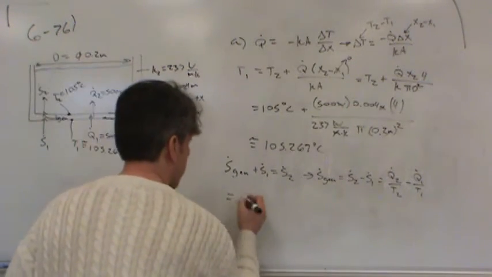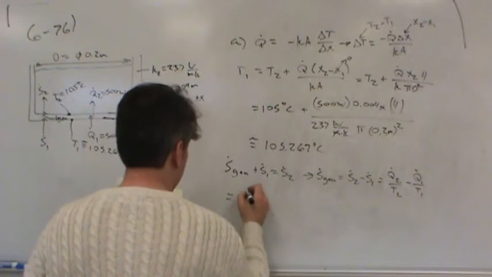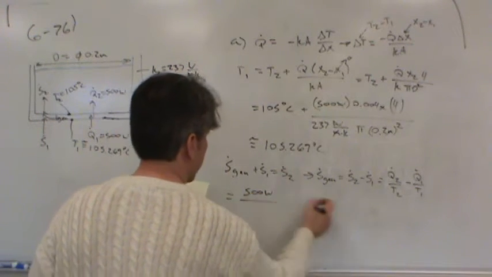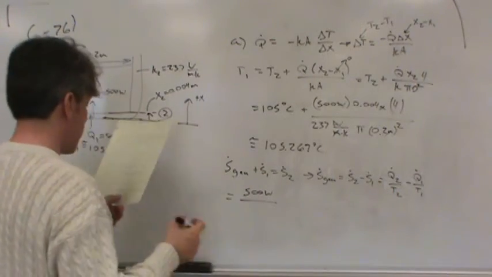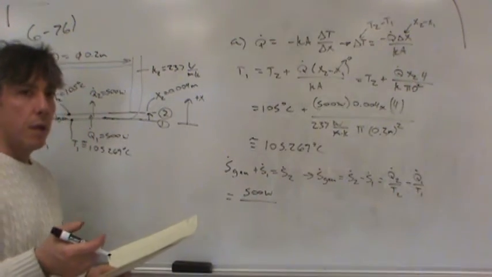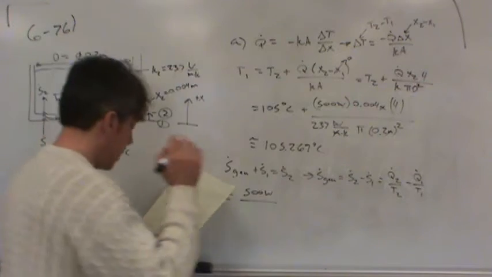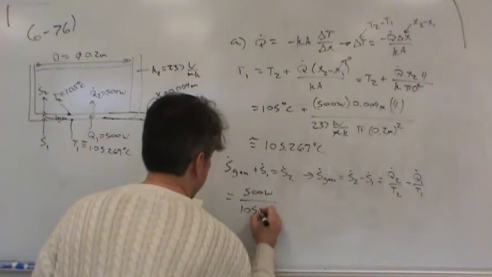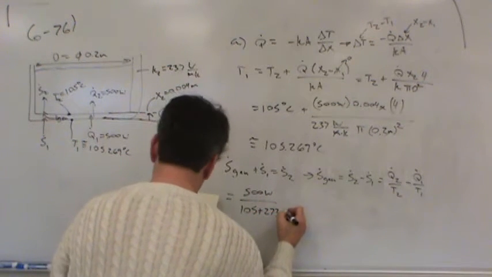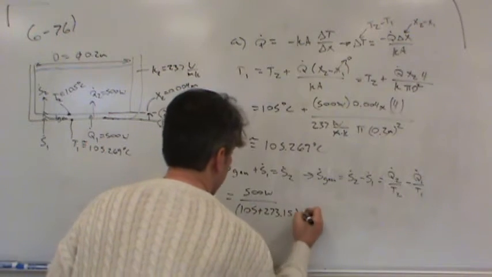Let's continue this. So 500 watts, now we have to be careful, we have to divide by T2, and since T2 is so close to T1, this is the one time in the course when I'm going to add not just 273, but 273.15 to get Kelvin.